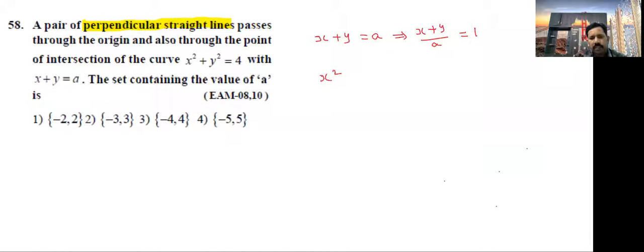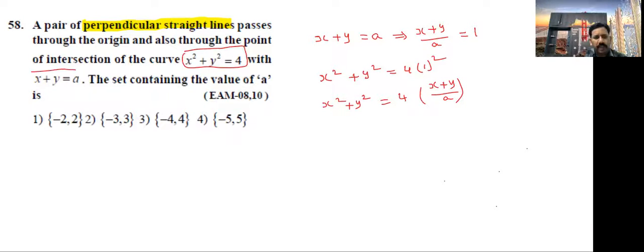Now, observe the curve here: x square plus y square is equal to 4. In place of the constant, what can we write? 1 square, or not? x square plus y square is equal to 4 into 1, that is (x plus y by a) whole square. Homogenizing the curve x square plus y square is equal to 4 with the help of x plus y is equal to a, now we get like this.